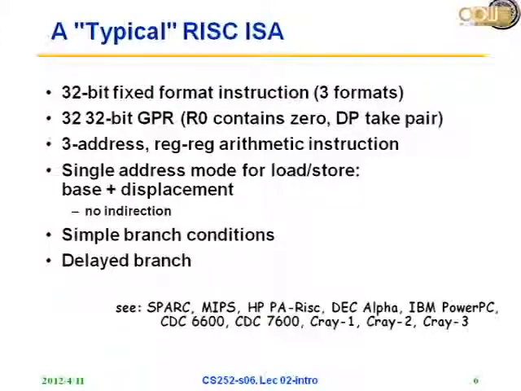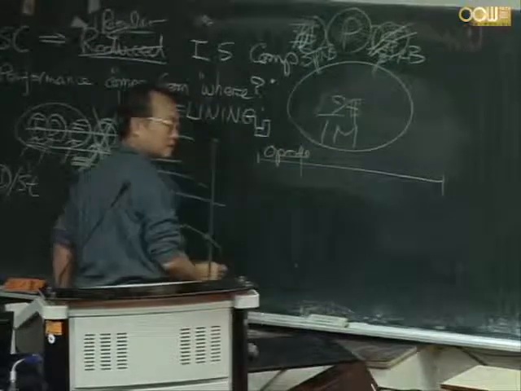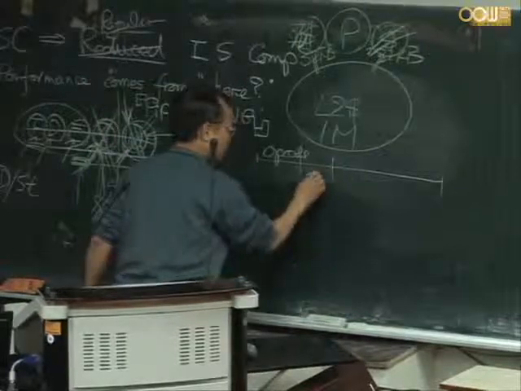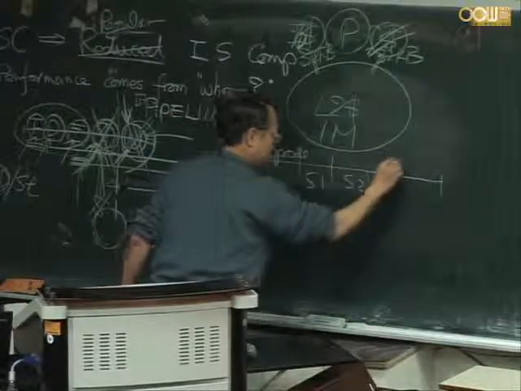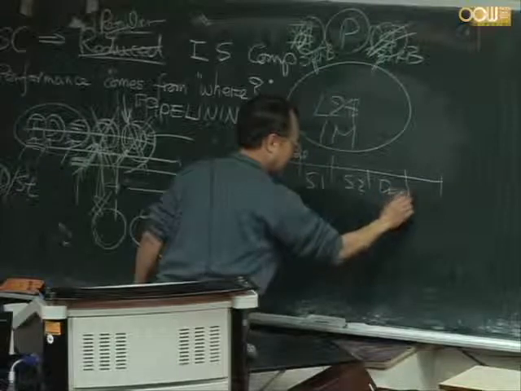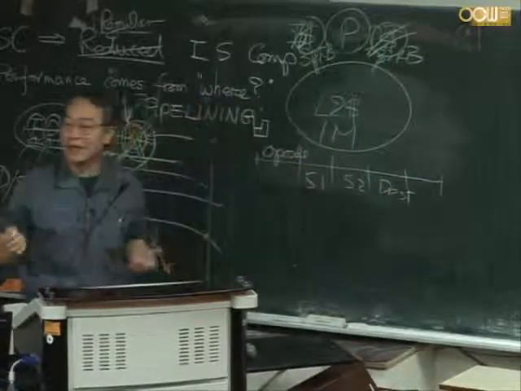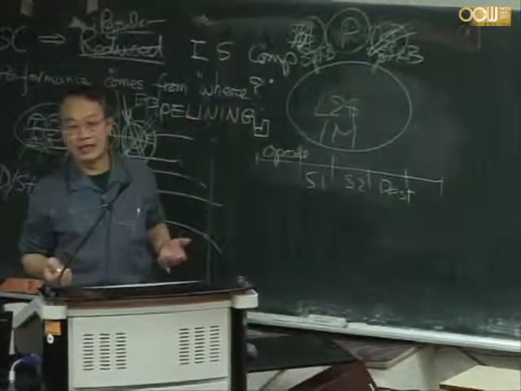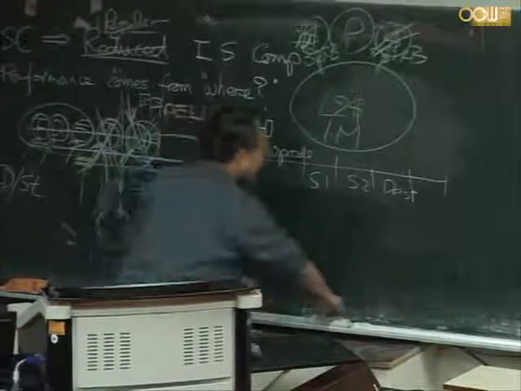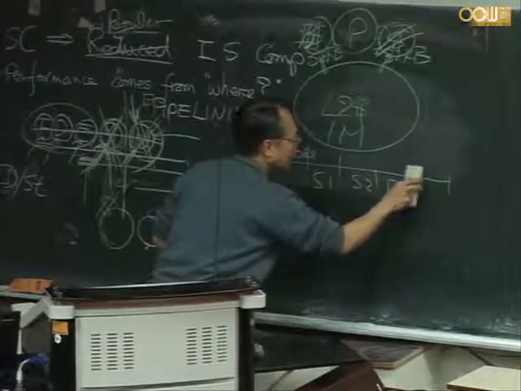suppose this is the opcode. Then we have source 1, source 2, destination. Oops, sometimes we like to use immediate data, right? So perhaps we swap their locations.